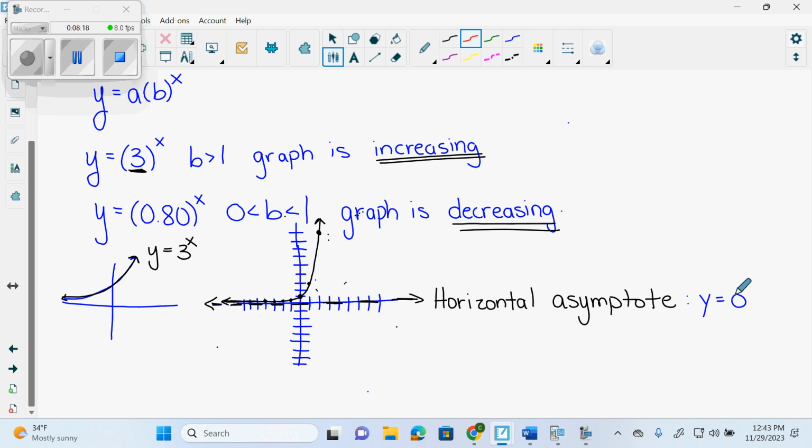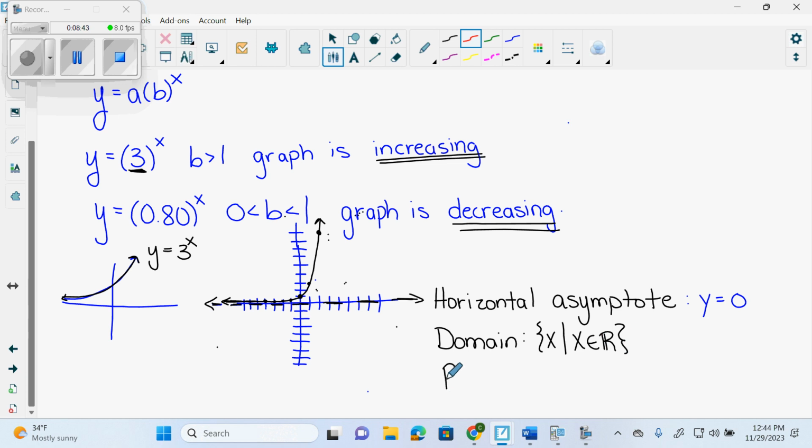What would my domain be of this graph? X is an element of the reals, because it's going on forever like this, correct? It's going forever this way, and it's going forever this way. So it'd be x such that x is an element of the reals. The set of x values such that x is an element of the reals.